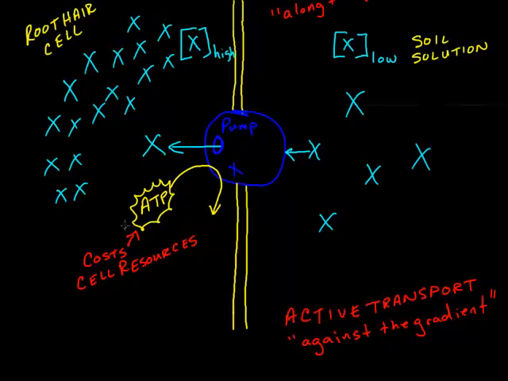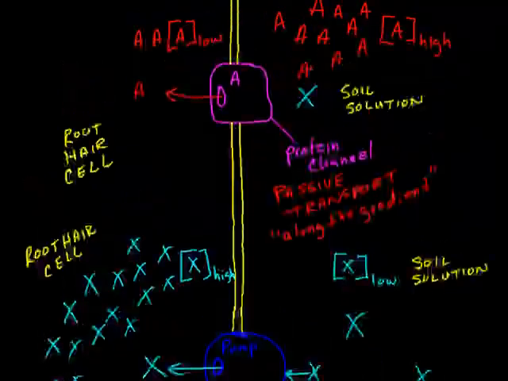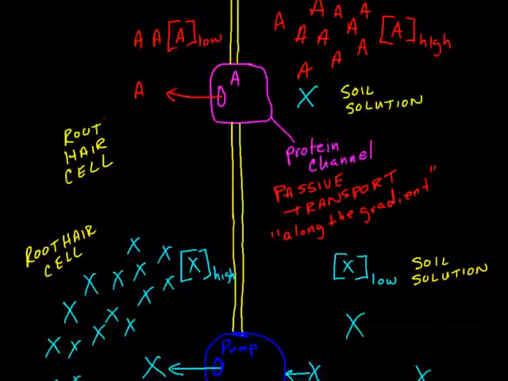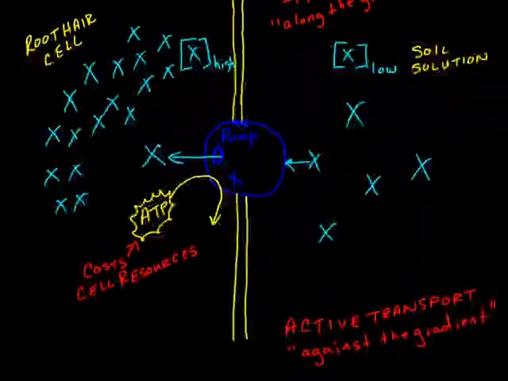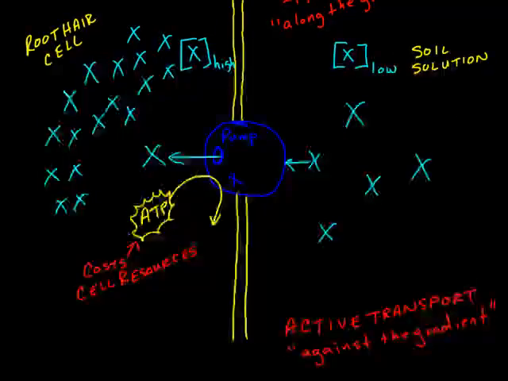And so it's well worth the energy expended in terms of ATP and the sugar burned to make that ATP to move this nutrient X from the soil into the root hair cell. And it makes no difference if there's a gradient present in the favorable direction or not. That's the way this pump operates. It does not operate as a protein channel like we saw with passive transport. In active transport, it requires energy in the form of ATP.